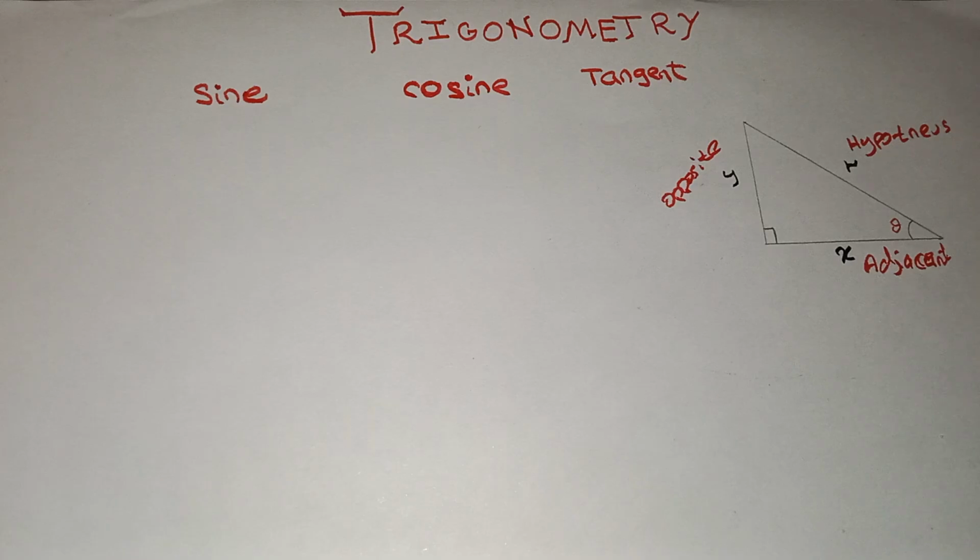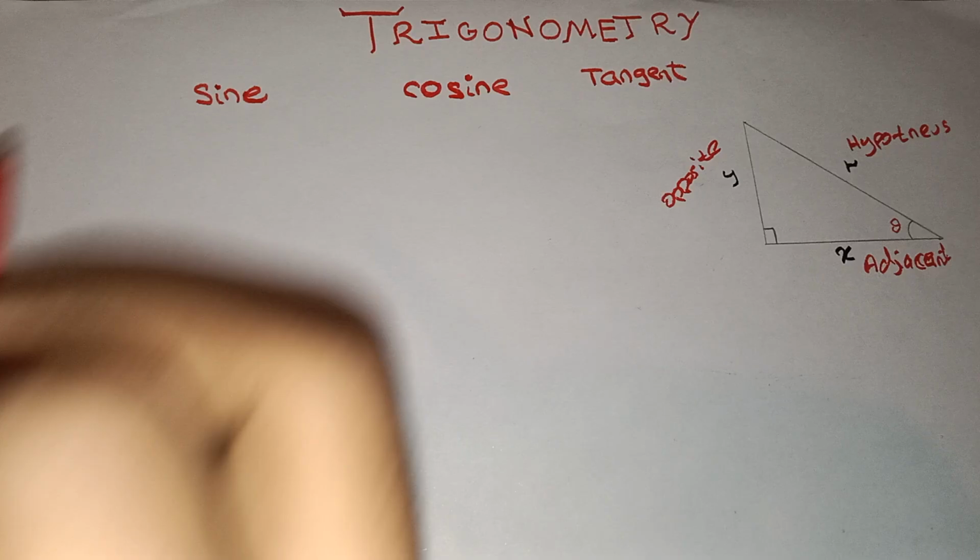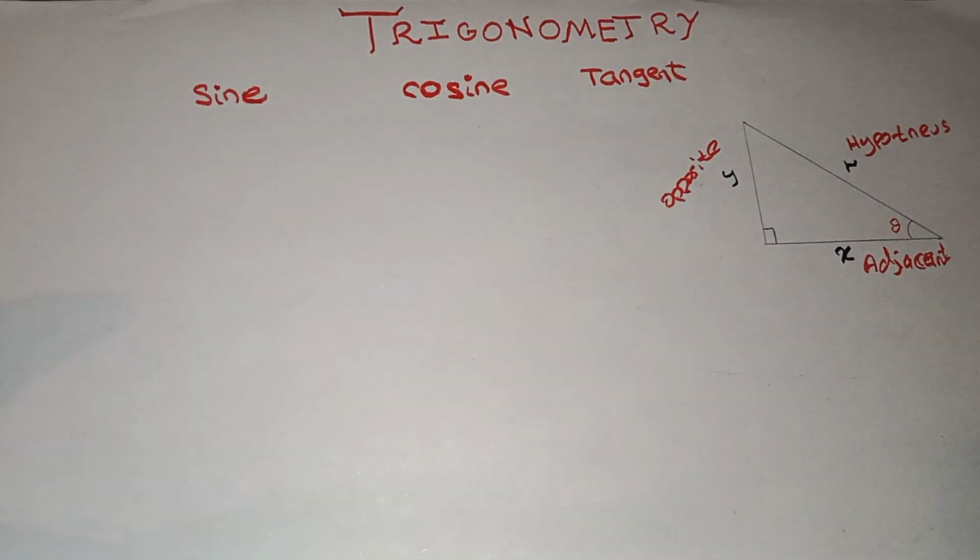Okay. Now what will we do? We will write the trigonometric ratios. Sine stands for opposite upon hypotenuse.